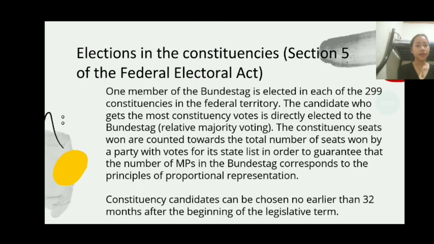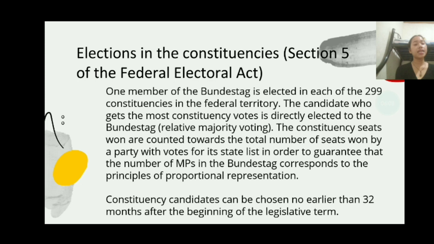Elections in the constituencies, Section 5 of the Federal Electoral Act: one member of the Bundestag is elected in each of the 299 constituencies in the federal territory. The candidate who gets the most constituency votes is directly elected to the Bundestag. As I have said, relative majority voting is utilized.